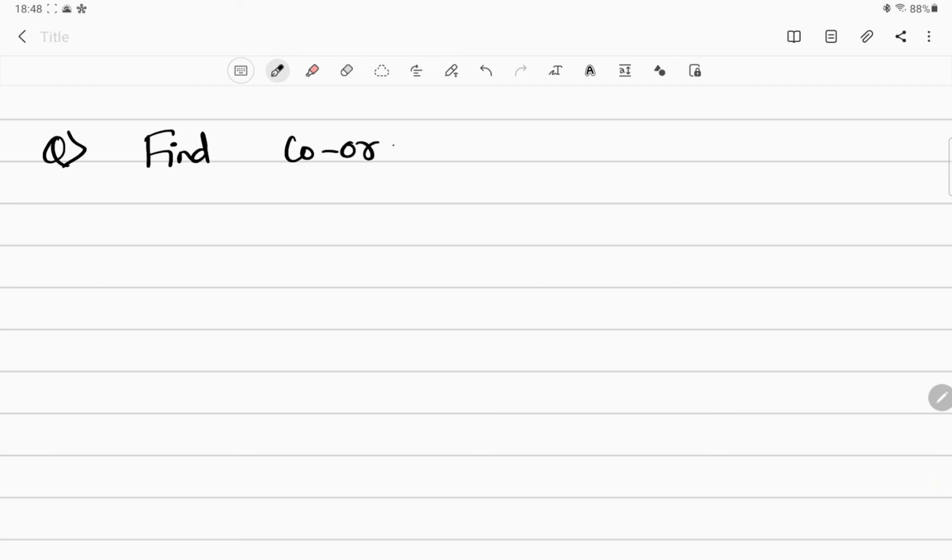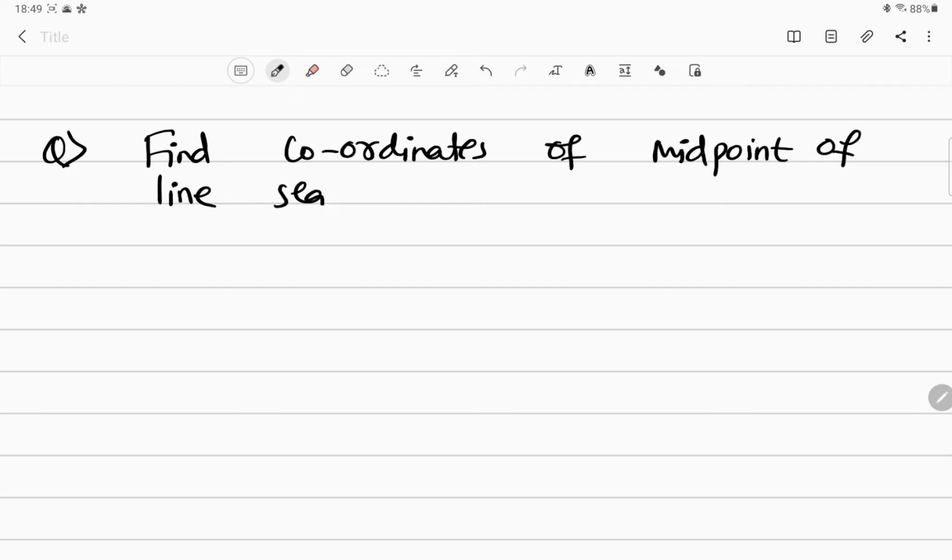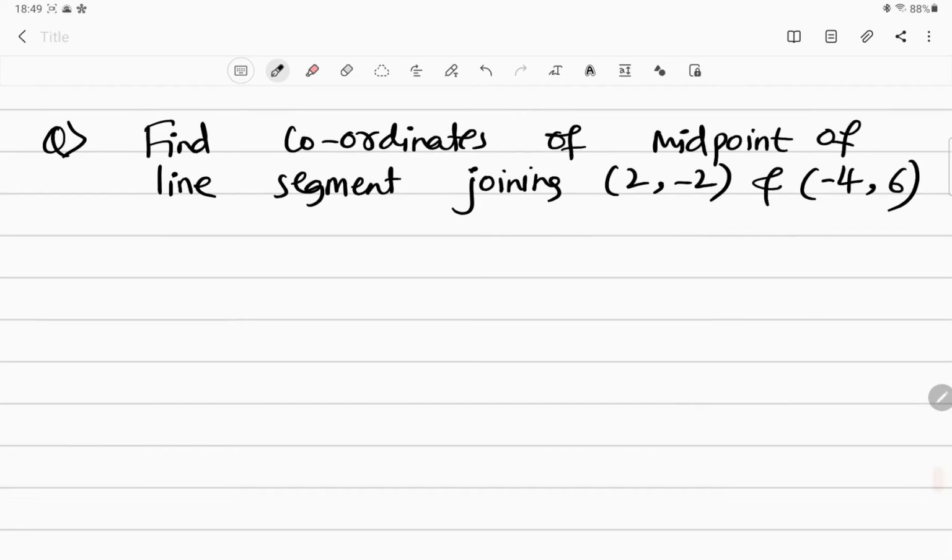Find coordinates of the midpoint of the line segment joining 2 comma minus 2 and minus 4 comma 6.